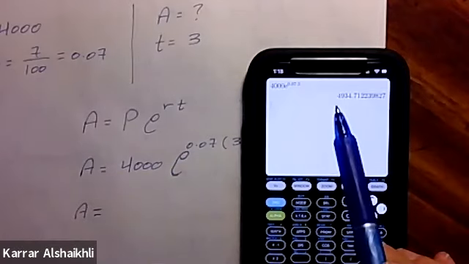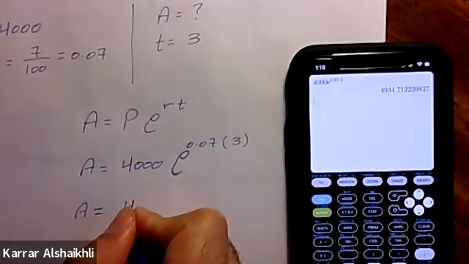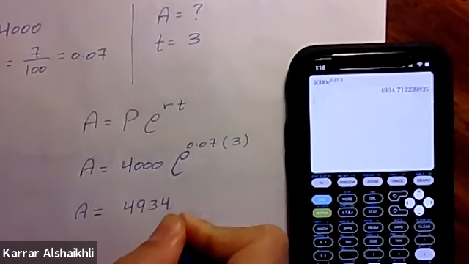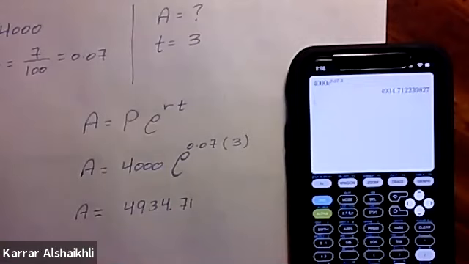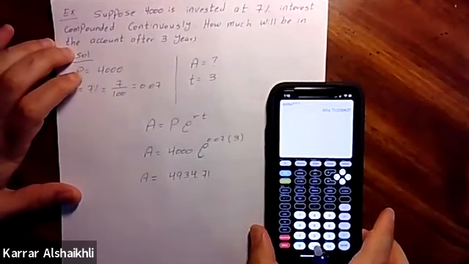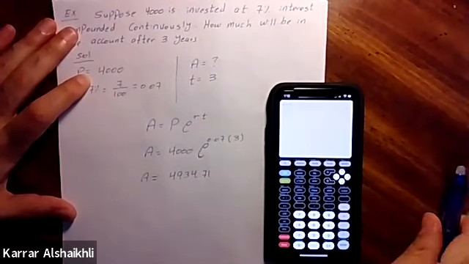This is going to be the result. The result is going to be 4,934.71. So this is really important because you can't find it until you use the calculator. How to type the E to the X? Let's do these steps again.